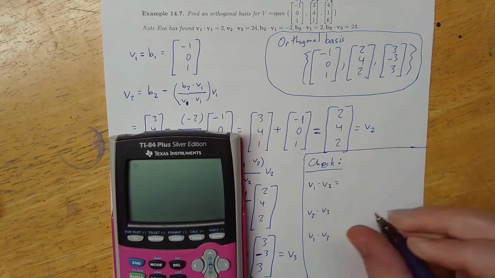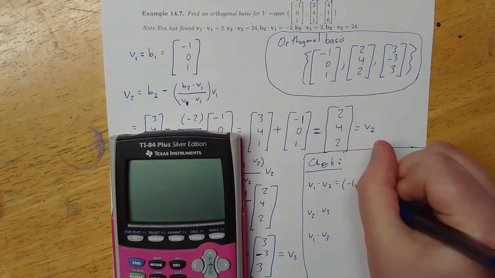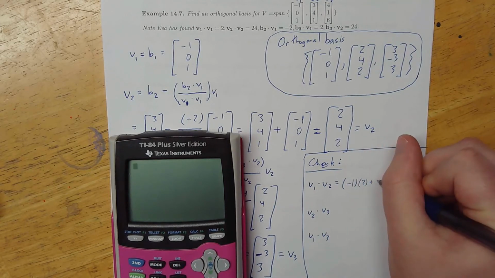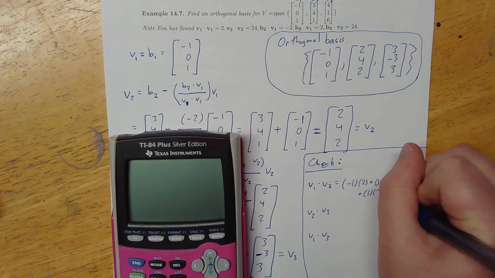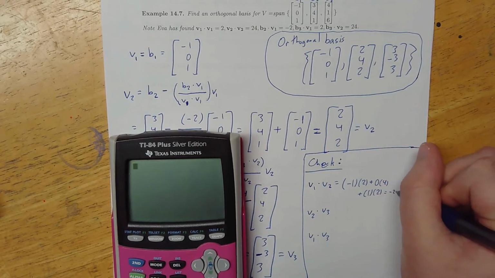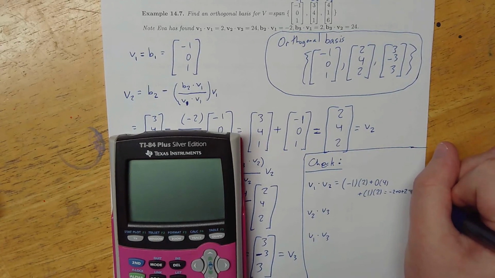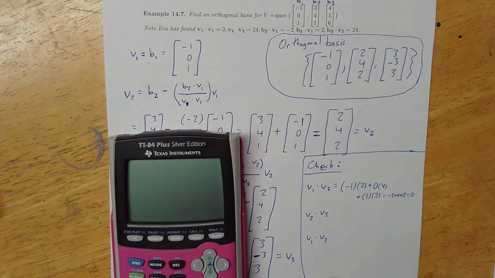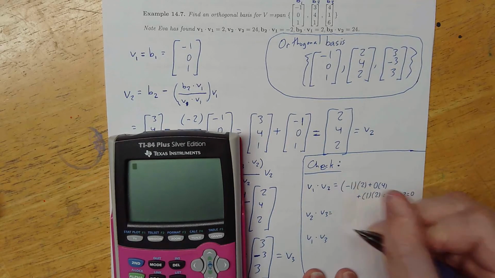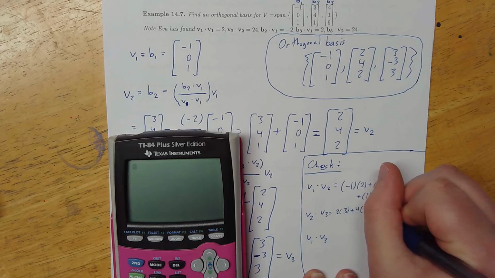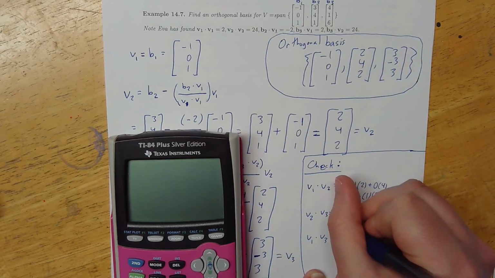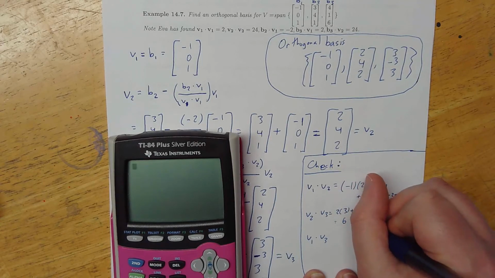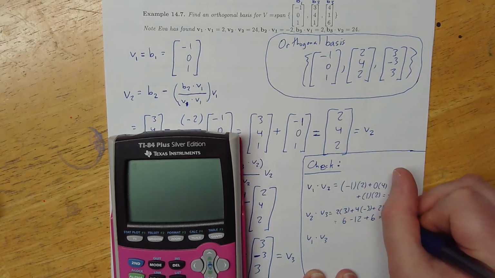So v1 dotted with v2 is going to be -1 times 2 plus 0 times 4 plus 1 times 2, or -2 plus 0 plus 2, which is 0, which is what we want. v2 dotted with v3 is 2 times 3 plus 4 times -3 plus 2 times 3, which will give us 6 minus 12 plus 6, which will give us 0.